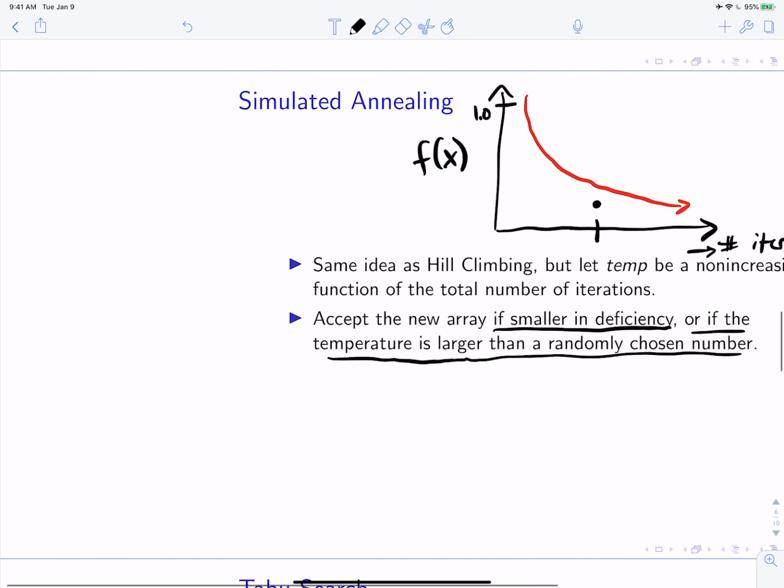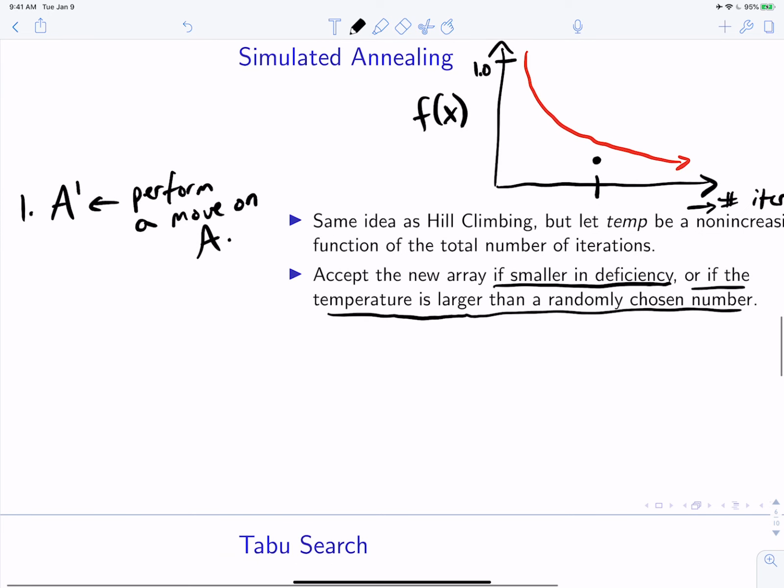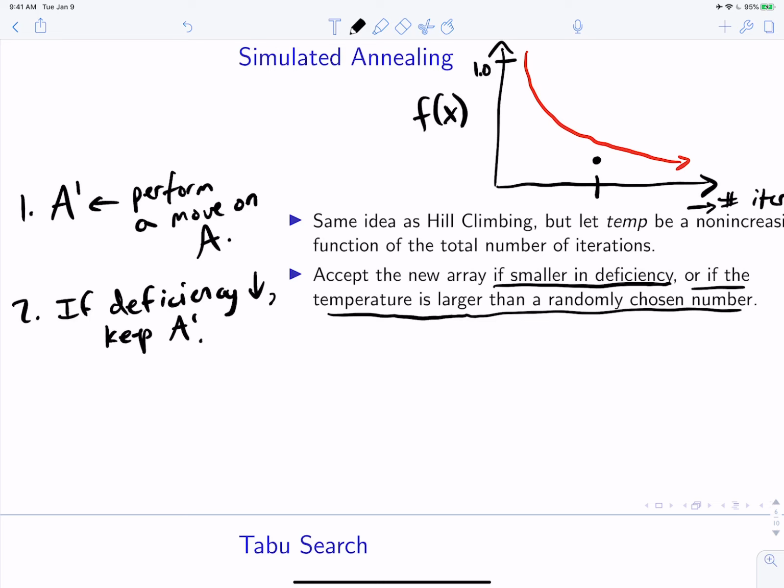So how is this actually done? Well, we're going to get a new array. I'm trying to say things and write at the same time. So perform a move on A, the original array, and then if the deficiency goes down, then keep A prime, the new array.